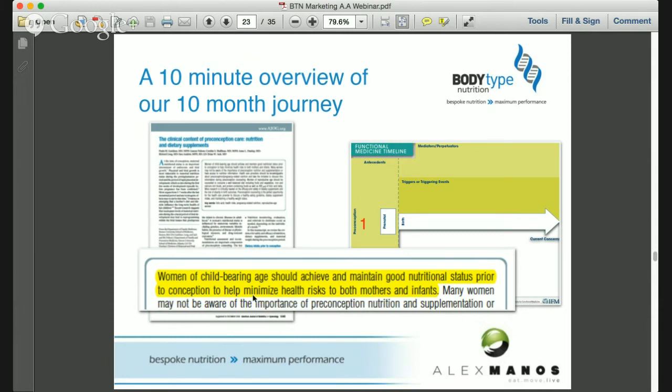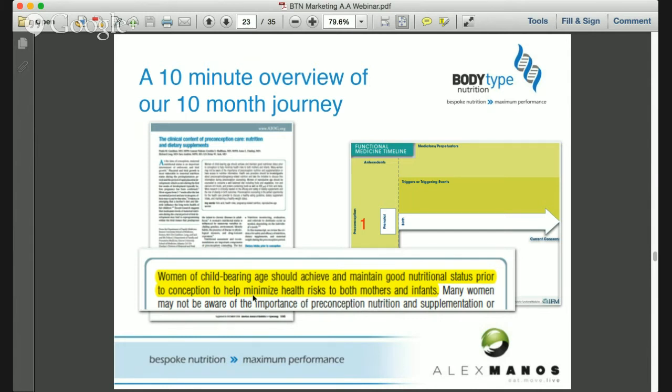So there's some really interesting information out there in regards to this area. It all started with the Barker hypothesis, which was related to kind of the weight of the baby at birth and their risk of cardiovascular disease or metabolic syndrome later in life. And it's kind of all stems from there, really. But we know, obviously, it's kind of common sense. But nutritional status prior to conception is incredibly important for the health of both the mother and the infant.